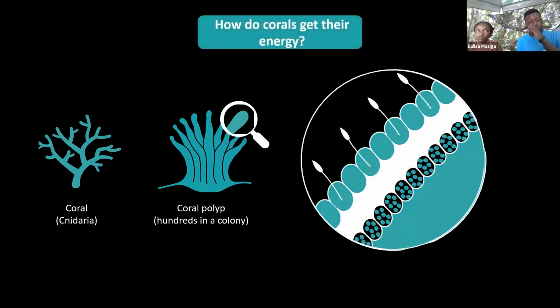This additional source of food is facilitated by zooxanthellae, which are microscopic algae that live in symbiosis with corals. They are single-celled photosynthetic organisms that effectively share the food they produce through photosynthesis with the coral polyps.